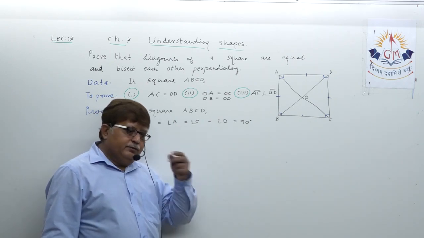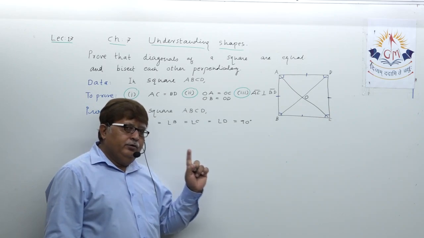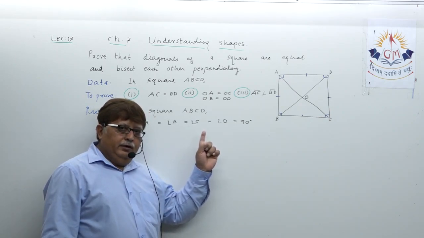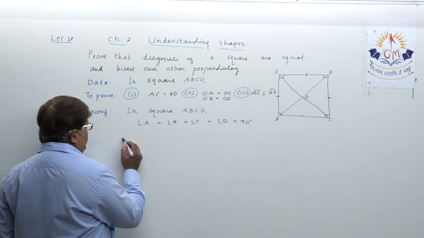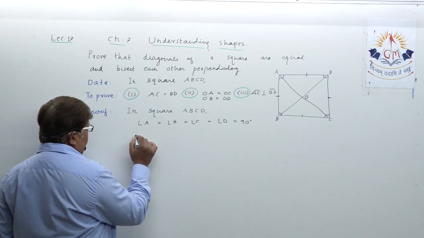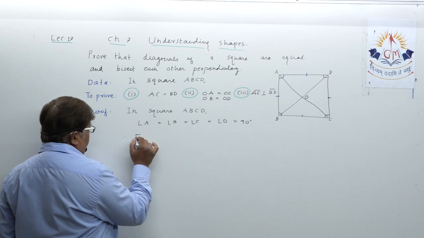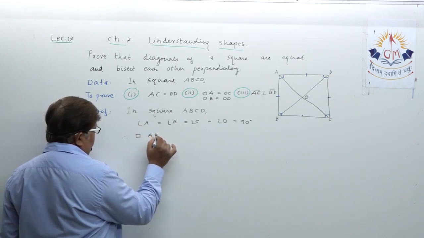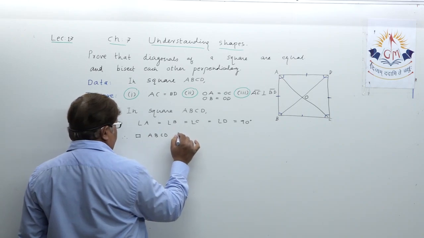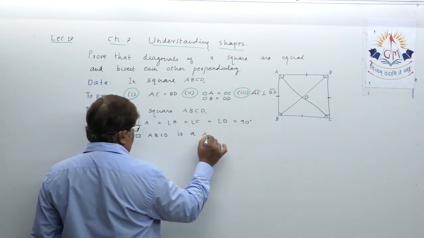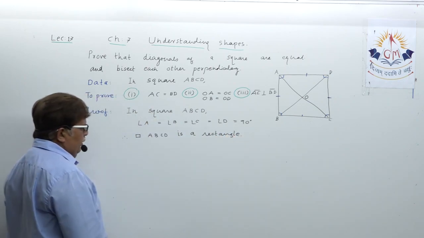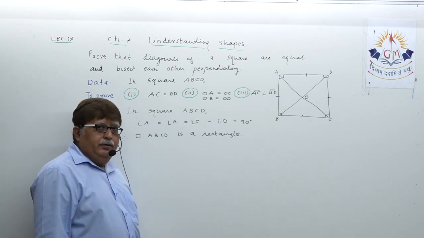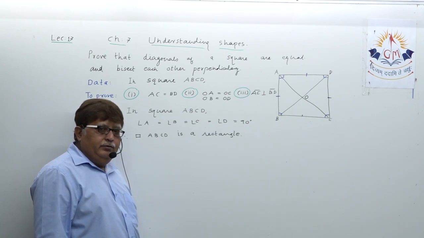So, in square, as you know, all angles are right angle. That means you can say that therefore quadrilateral ABCD is a rectangle. Okay, because all angles are right angle, that means it is a rectangle also.